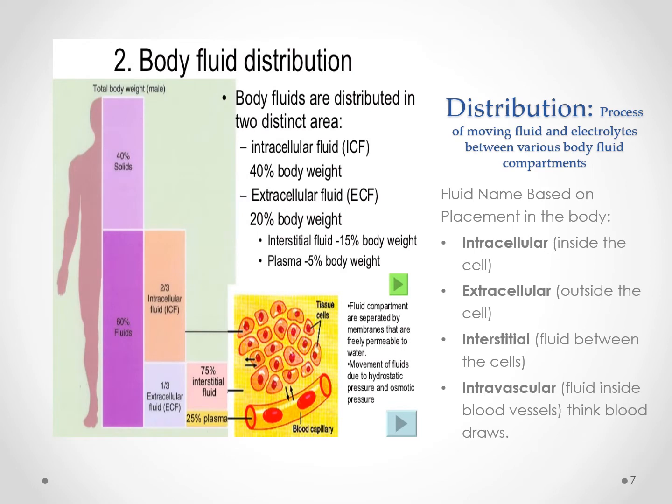Next is body fluid distribution. Distribution is the process of moving fluid and electrolytes between various body fluids and compartments. If you notice this little diagram that I have over here, it's pretty cool. Our total body, this is for a male, and this particular one is good for a female as well: 40% is solids, 60% is fluids.